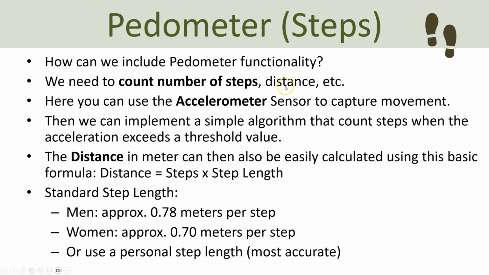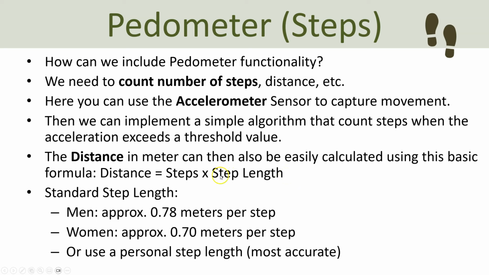You also want to calculate the distance that you take during your hiking, and for that purpose you can use the built-in accelerometer sensor that is part of most of the smartphones that we have today. So this accelerometer can be used to count the steps, and we can also use a basic formula to calculate the distance in either meters or kilometers: distance equals steps multiplied by step length.